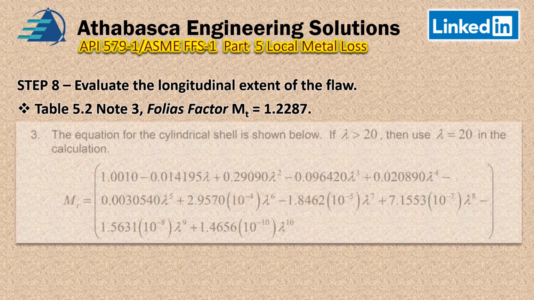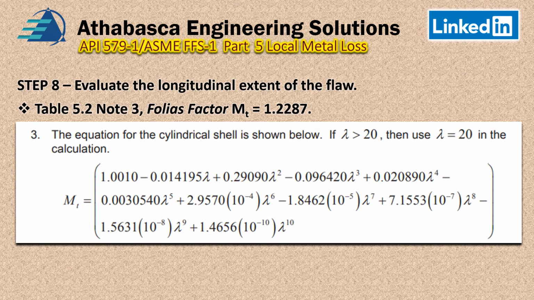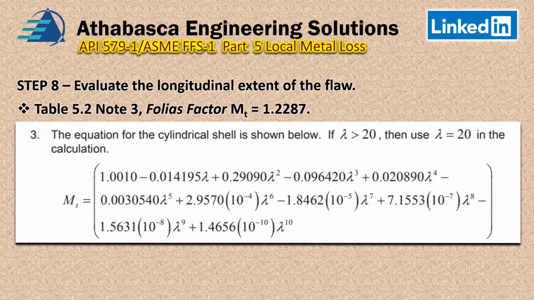The calculation is quite intimidating, and you also have to put some if statements in your spreadsheet to make sure you're applying this properly. But I've got it in there and the computer can certainly digest that. And so that's the flaw factor that was developed by API to work through this problem.